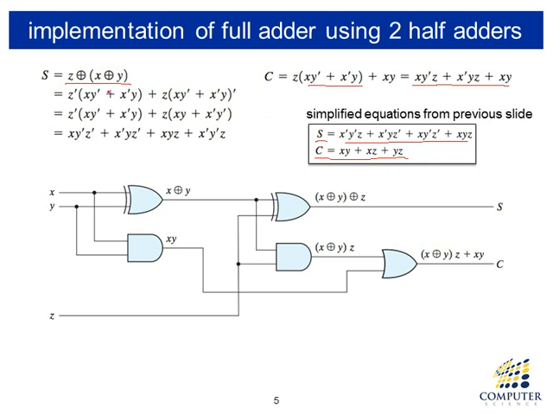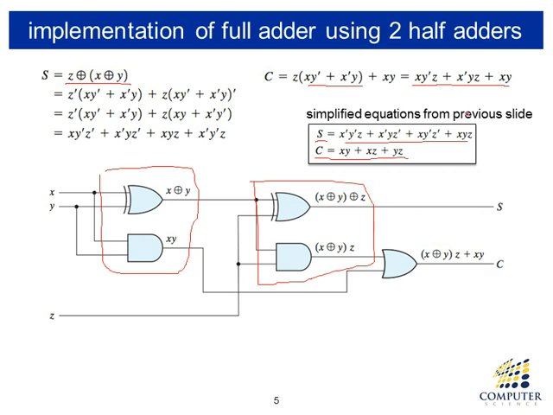So using those manipulated expressions, we can construct one full adder using two half-adders and then an OR gate. So here we have one half-adder, and here we have another half-adder, and then S from this expression is exclusive OR of all three variables.